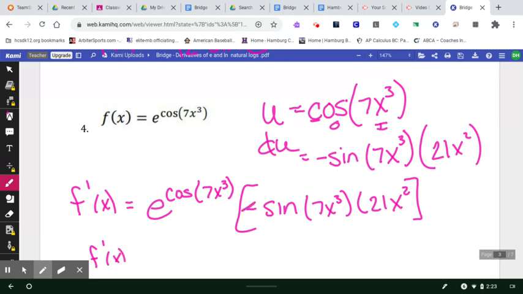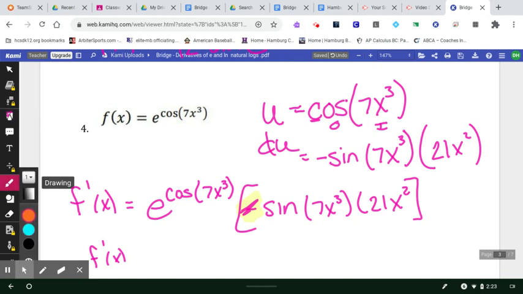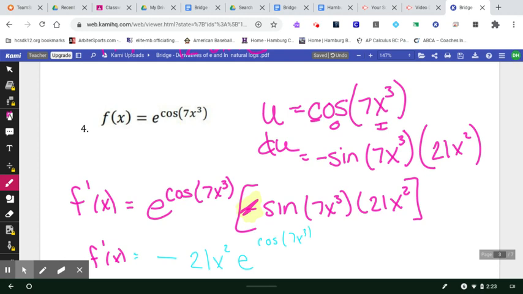You never want to leave that negative in the middle of a problem. It's always got to get pulled out front. So my final answer is going to be negative 21x squared e to the cosine of 7x cubed times the sine of 7x cubed.